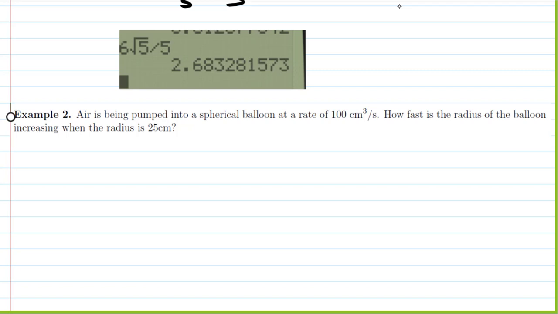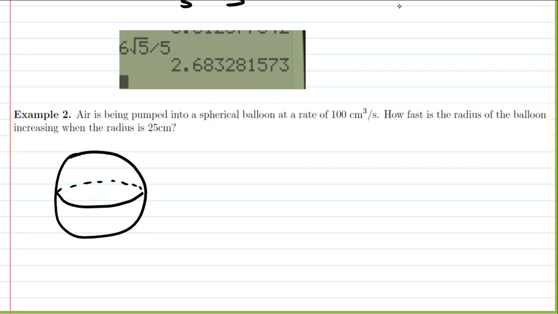How fast is the radius of the balloon increasing when the radius is 25 centimeters? Okay, so we're going to use our imagination and pretend I can draw a sphere. So we have something that looks like this. And from the center of the sphere, to some point, we have a radius r.